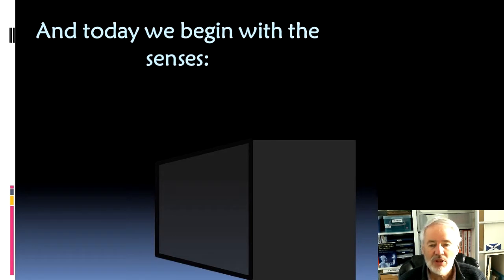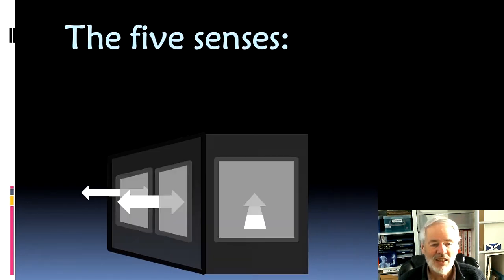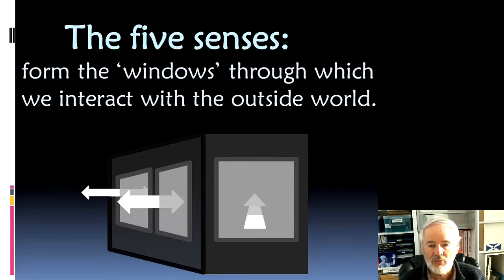And if you can imagine this box as your mind, no insult intended here, it's just an abstract box, and the 5 senses are, as it were, windows looking outward and inward, into the inner mind and out to the immediate environment. So that's basically what we're going to be looking at, this window.